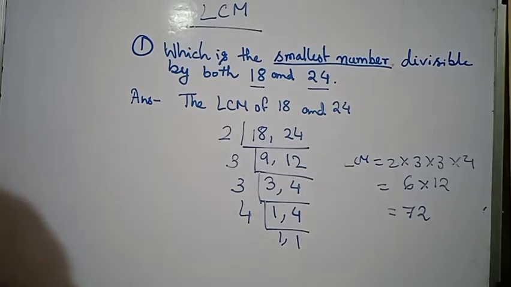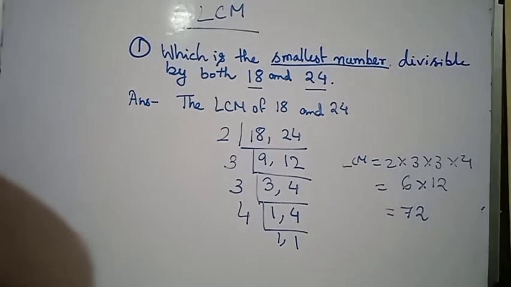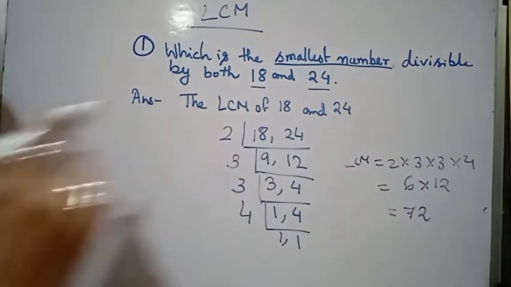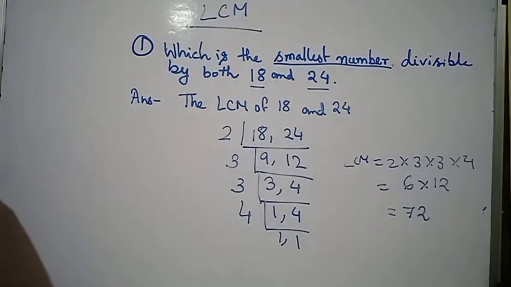Like 36 can be divisible by 18, but I cannot divide 36 by 24. At the same time, 48 can be divisible by 24, but I cannot divide 48 by 18. So this is the smallest number which can be divided by both 18 and 24.